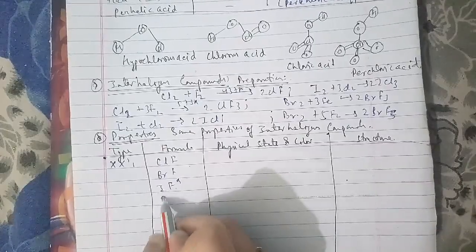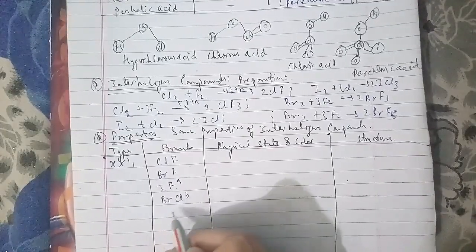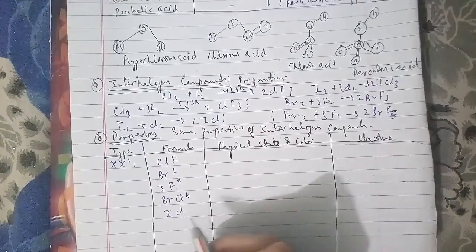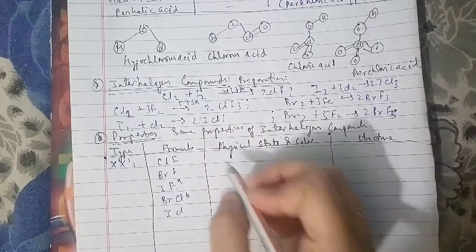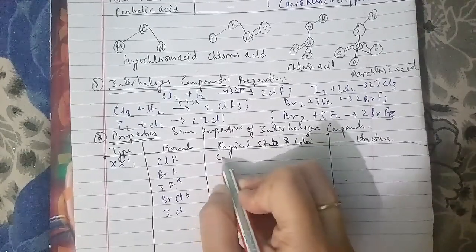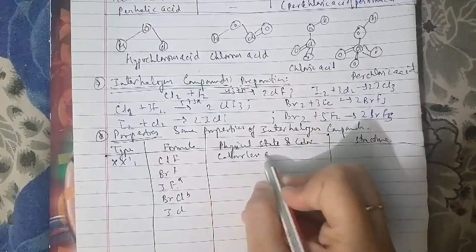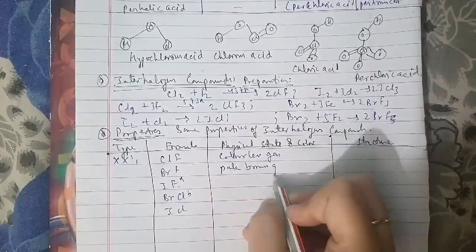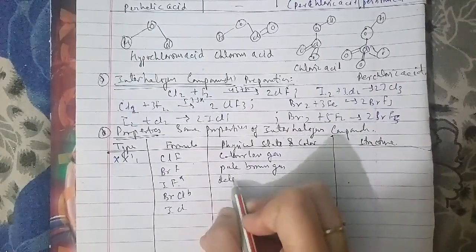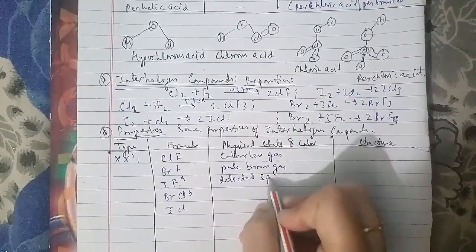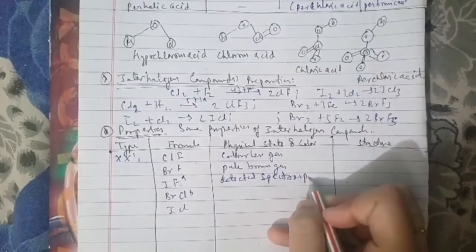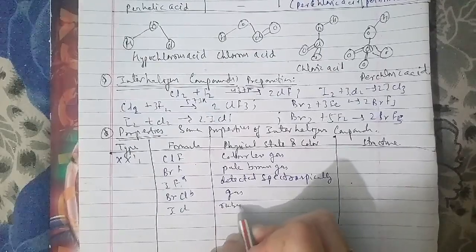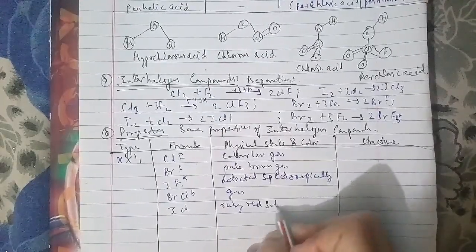Now we talk about the next type, XX'3, which is for ClF3, BrF3, IF3 and ICl3. ClF3 is a colorless gas, BrF3 is a yellow green liquid, IF3 is a yellow powder, and ICl3 is an orange solid.